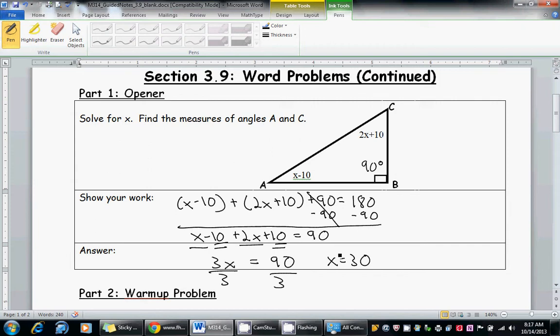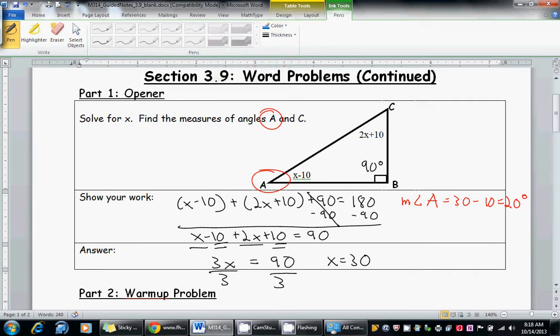Is the problem done? No. Absolutely not. Answer the question: find the measures of angles A and C. Angle A is x minus 10, so the measure of angle A is 30 minus 10, which is 20 degrees.